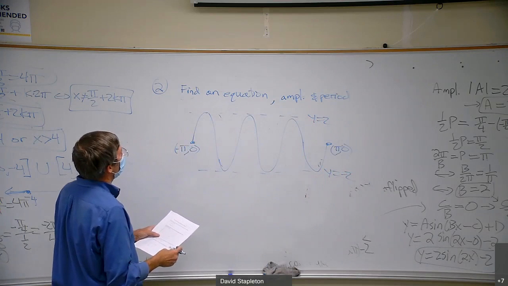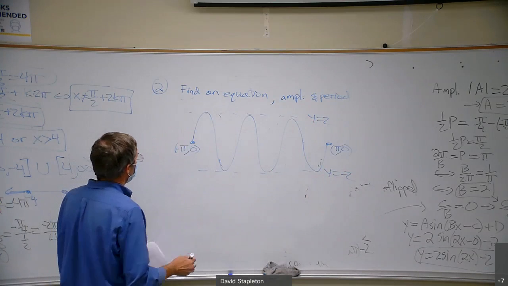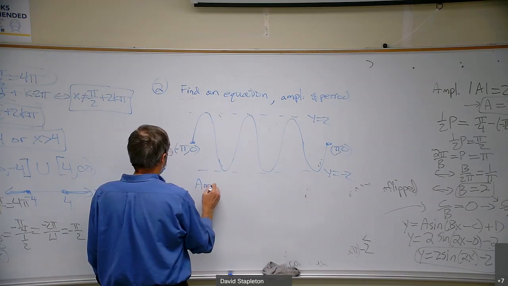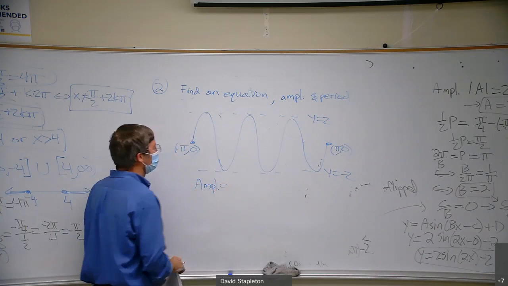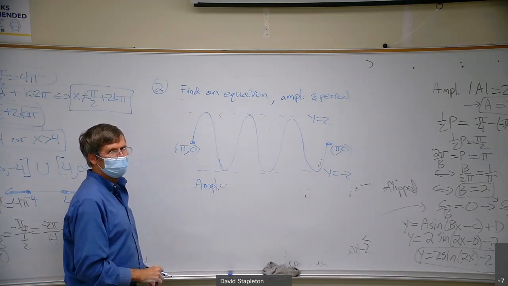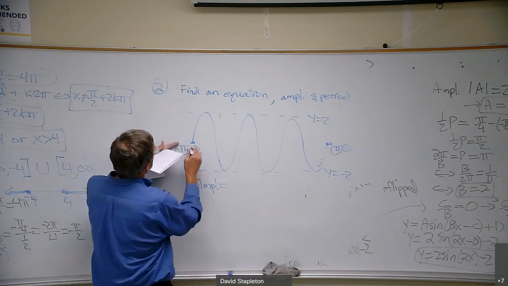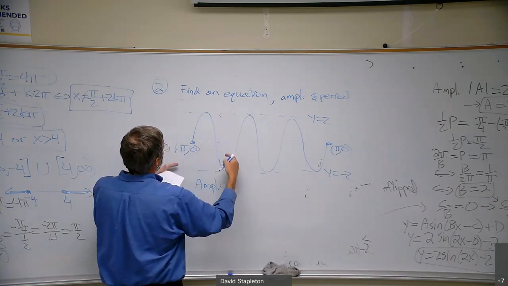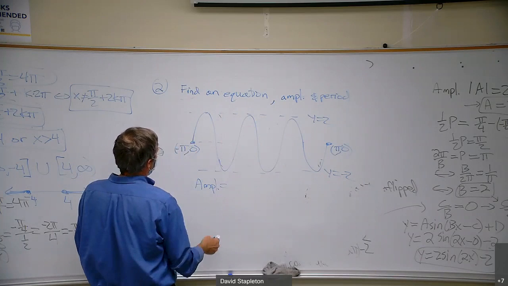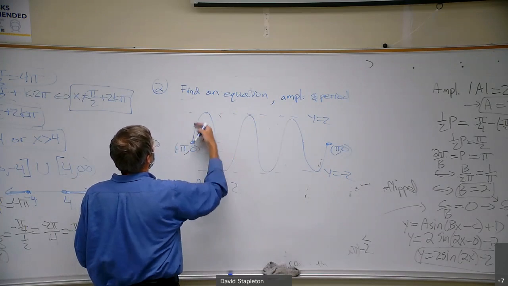Now, what could be the equation for that one, the amplitude and period? The amplitude is easy, right? What's the amplitude? Yeah, 2. It's the distance between the midline and the top, or between the midline and the bottom. It's always positive, so it's 2 units because it goes from 0 to 2, right?